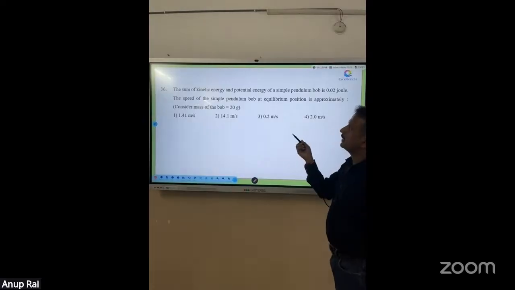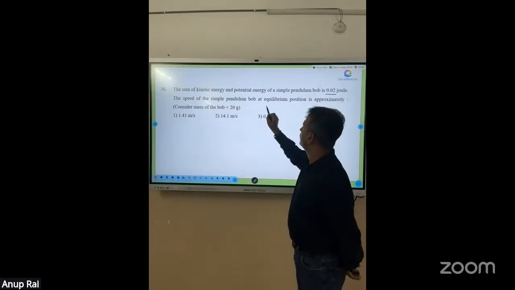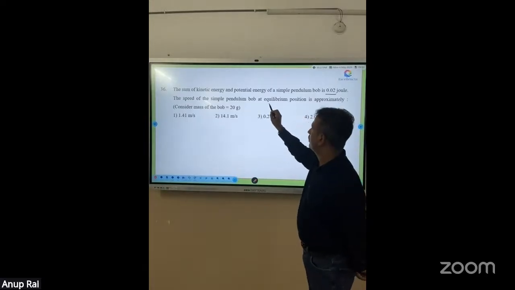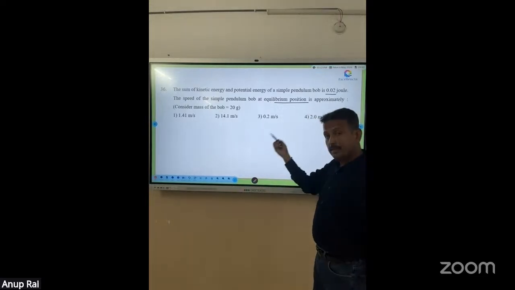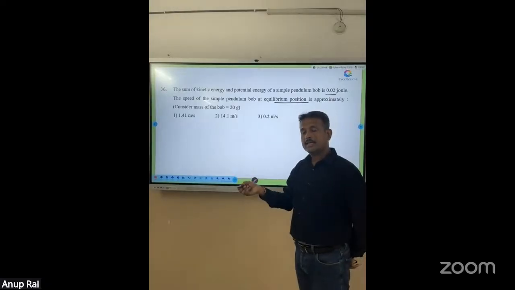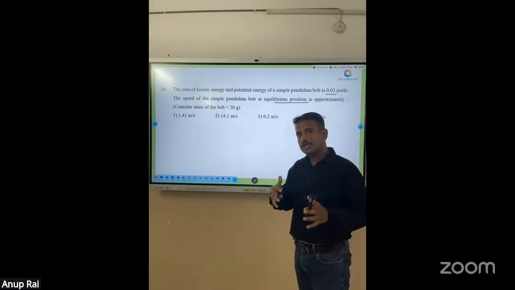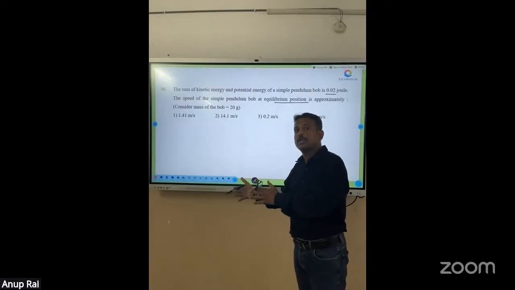The sum of the kinetic energy and potential energy of a simple pendulum is 0.02. Find the speed of the simple pendulum bob at the equilibrium position. We know that at the equilibrium position, the speed of the bob is maximum, and that is the position when all the potential energy will be converted into kinetic energy, and that kinetic energy will be equal to the total energy.